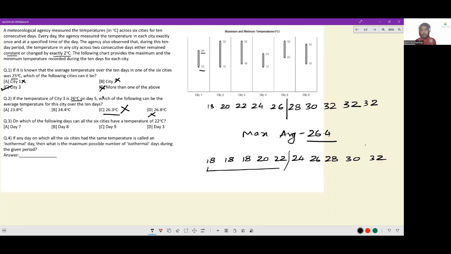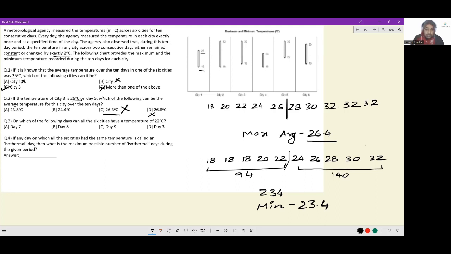Let's see, what do we get here? We get 94 here, and we get 140 here. We get 94 and 140. Okay, so this adds up to 234 and 234. So min average possible will be 23.4. This does not help us eliminate A or B.